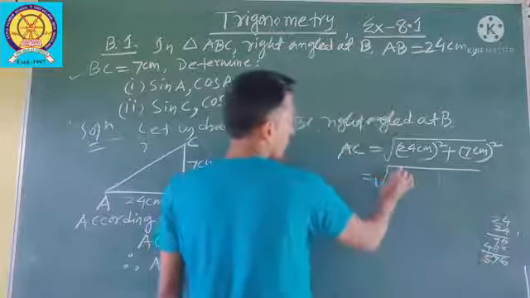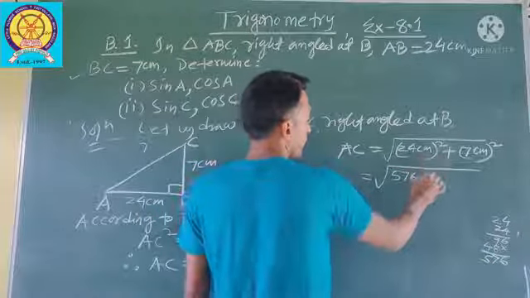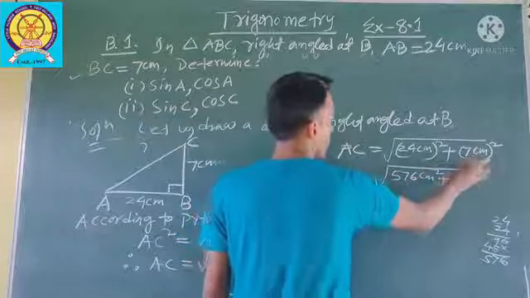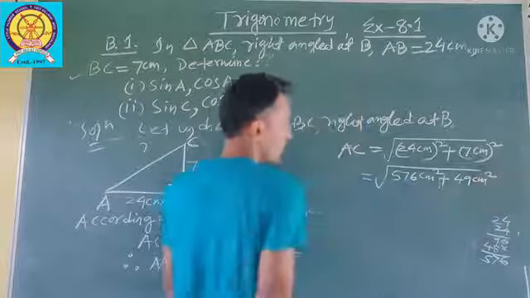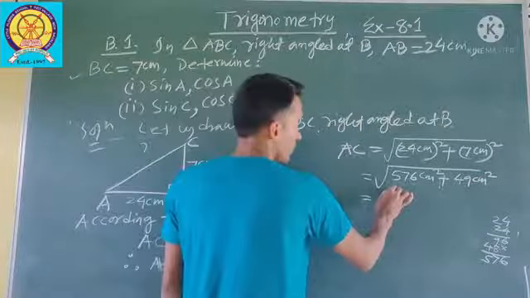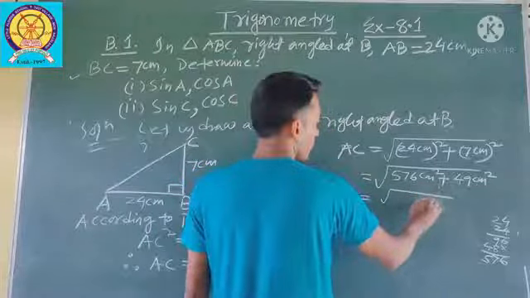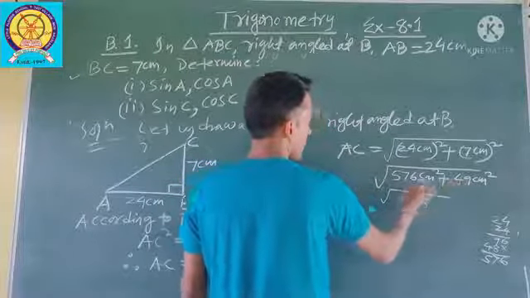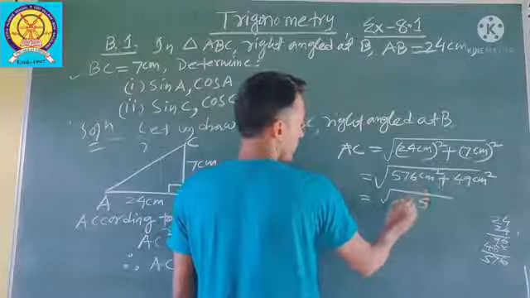So 24 into 24 is 576 cm square. 7 square is 49 cm square. Now you find the sum of these two. 9 plus 6 is 15, 1 in hand. 4 plus 7 is 11, plus 1 is 12, 1 in hand. 1 plus 5 is 6.